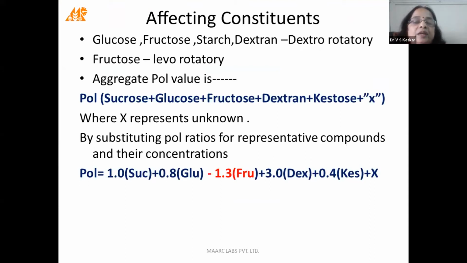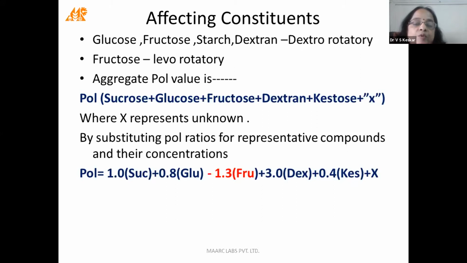And fructose is levorotatory, in the opposite direction. So the aggregate pole of molasses, whatever we get on our polarimeter, is pole of sucrose plus glucose plus fructose plus dextran plus kestose plus X, where X is any unknown compound which can rotate the plane of polarization. So all these constituents contribute to the pole, which we are measuring as sucrose content.